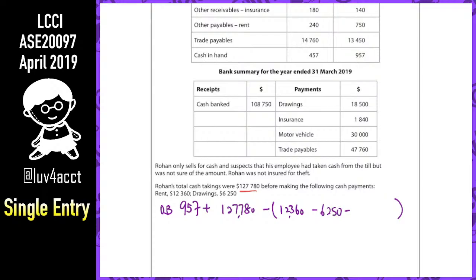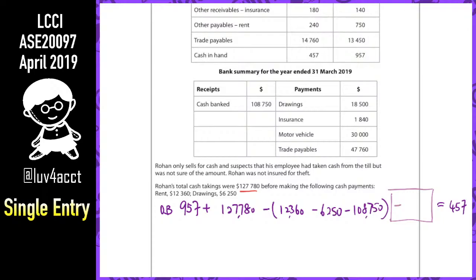And then the rest is bank, 108750. These should give you a balance of 457 here. But if something is short, then we know cash taken is here.